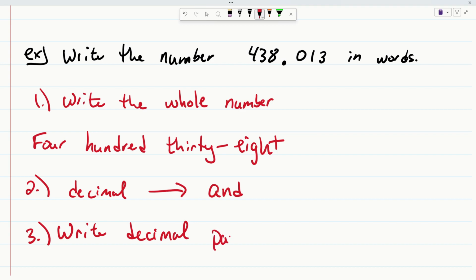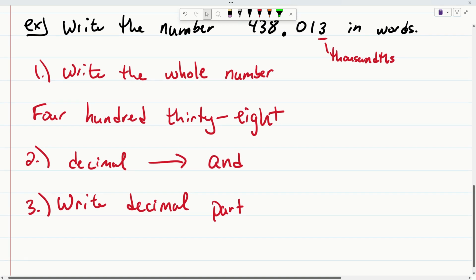So finally we write this decimal part, and it's very easy. All we do is we go to the far right decimal place, which would be right here. So we know the 0 is in the tenths, the 1 is the hundredths, the 3 is in the thousandths.